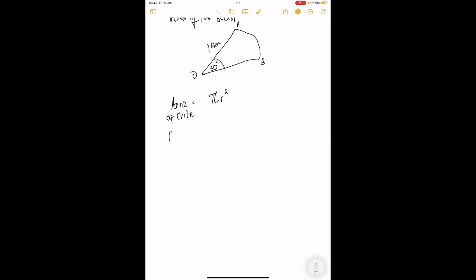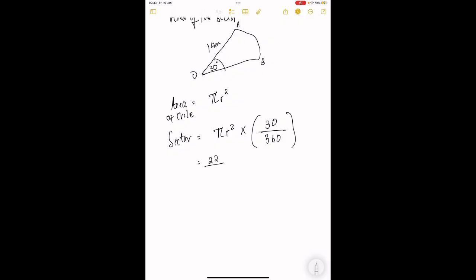And then we discussed that for a sector it is pi r squared of a full circle multiplied by the ratio of our sector to the full circle. So this is going to be multiplied by 30 degrees over 360.